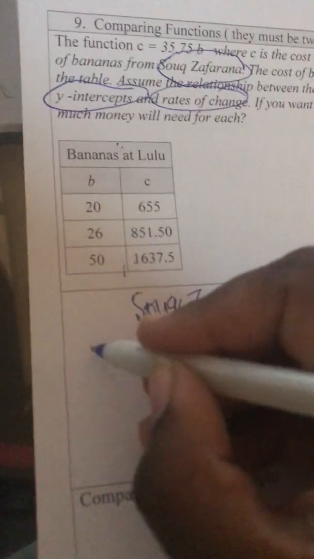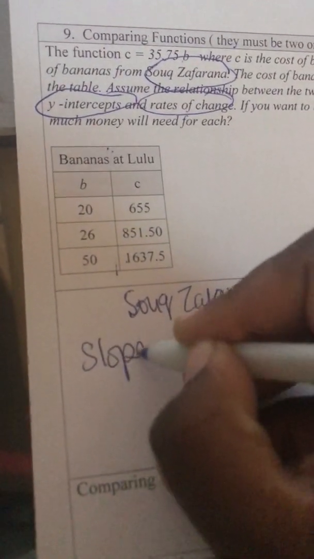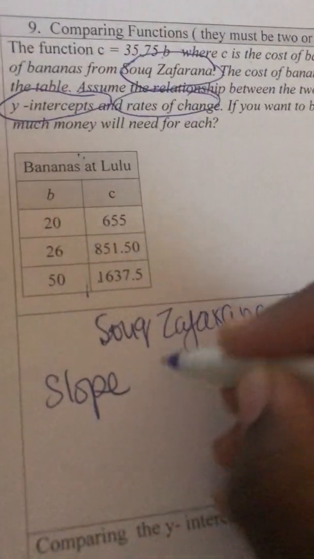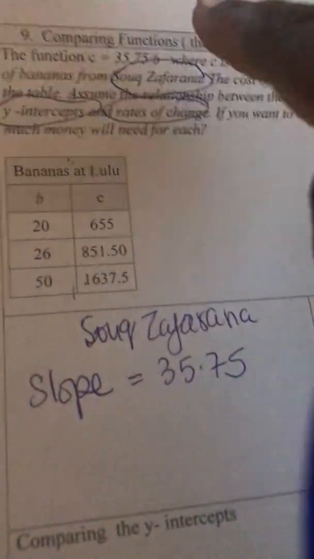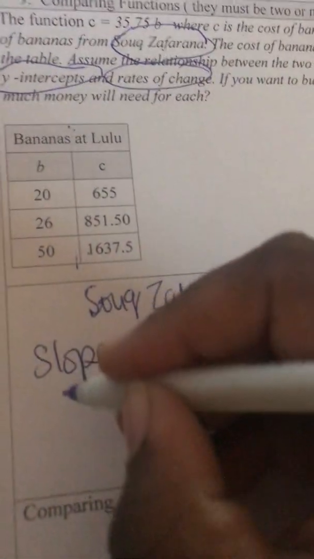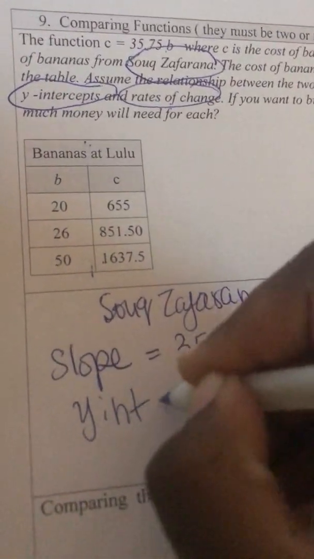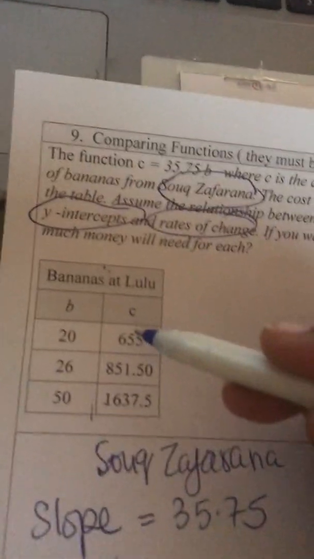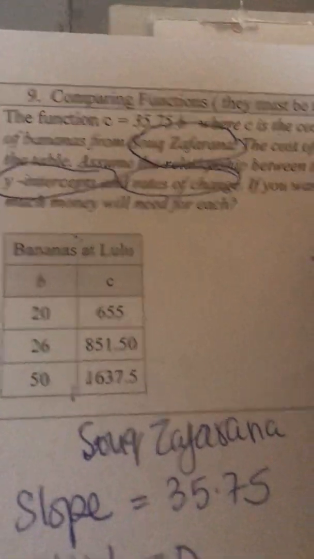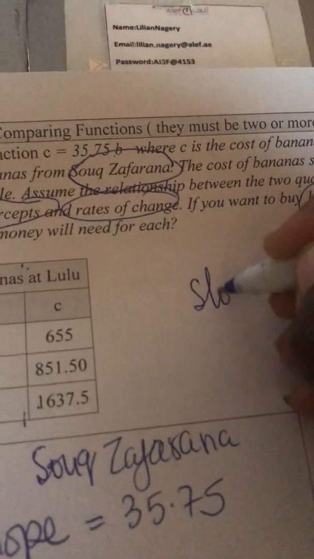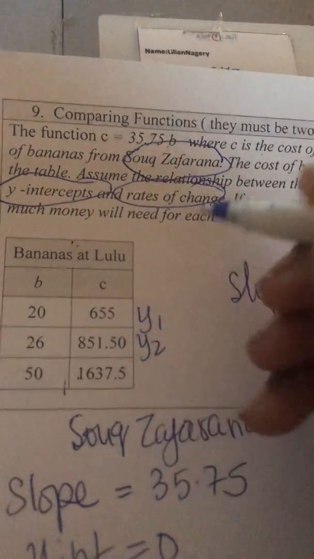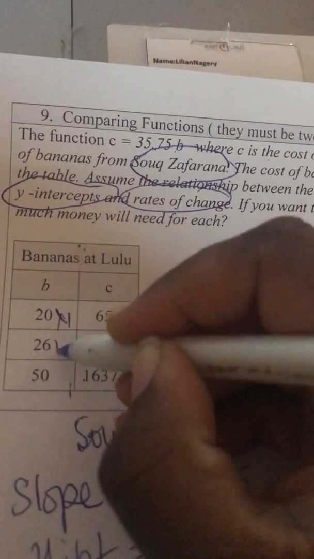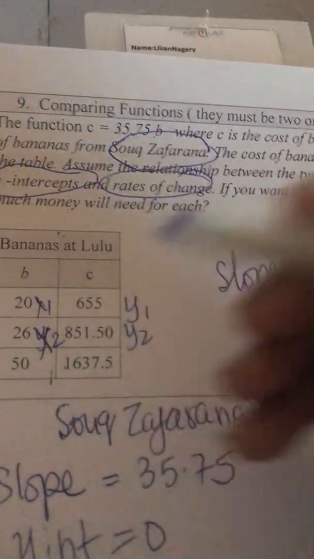All right. Souk Safarana's slope is just 35.75. And there is nothing added or subtracted, so the y-intercept is 0. Then Lulu, I need to come here. I need to find the slope. So slope for Lulu, this is y2, this is y1, this is x1, this is x2.